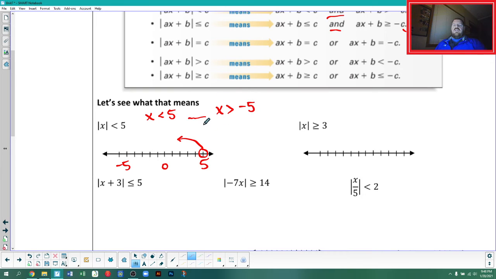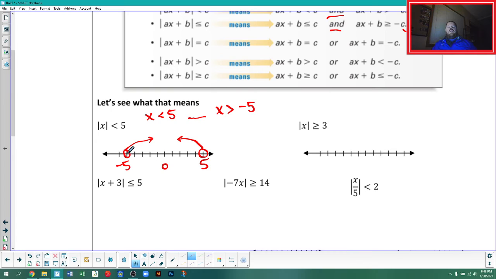Then x is greater than -5, open circle there and shading to the right. If I shade both of these in individually, they would overlap and cover the entire number line.